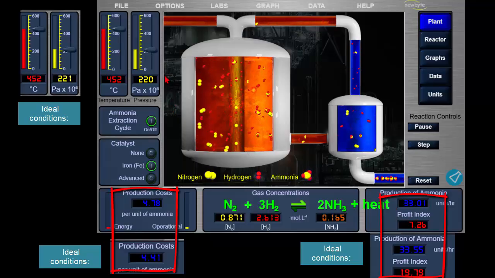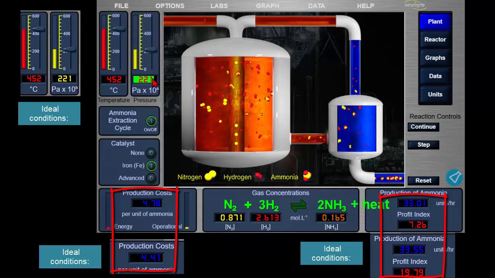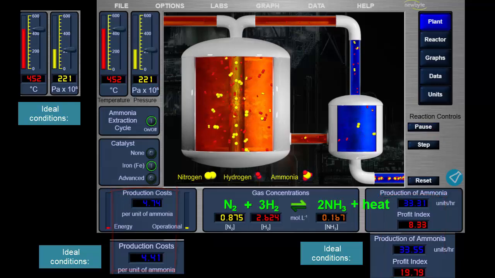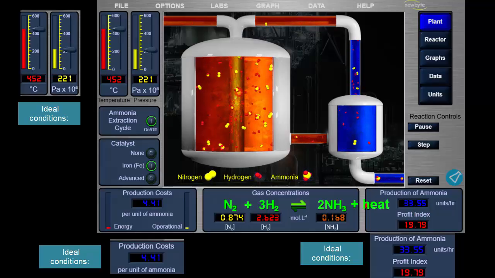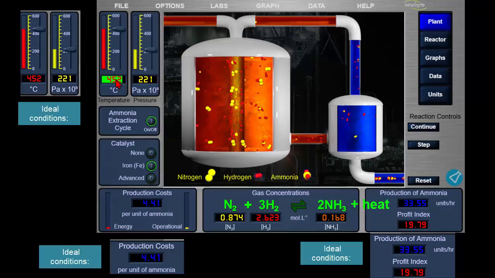So I'll take it back up to ideal, or what I thought was the best I could get, and let's do the temperature. If we increase the temperature, we should increase the rate of reaction, even though we decrease the yield, and so potentially we could do better there. So let's increase that to 453.